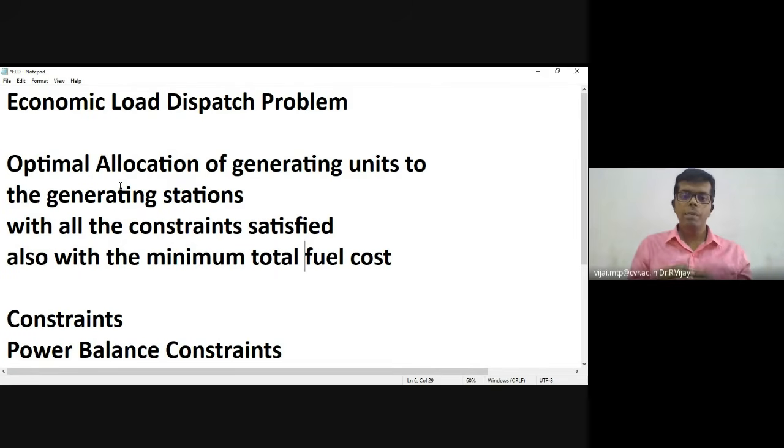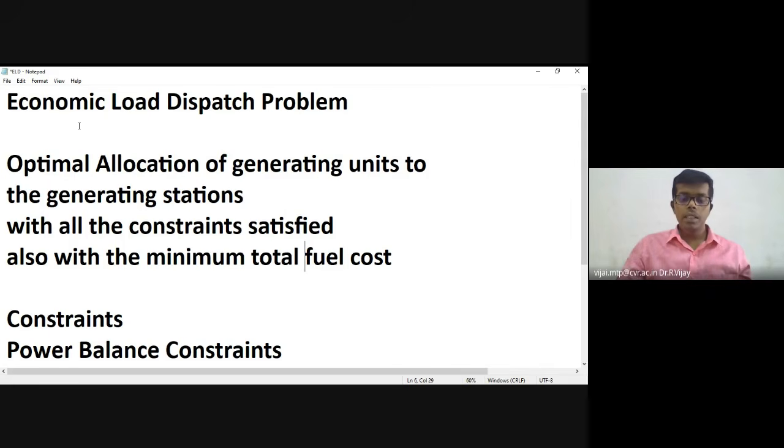Based on the requirement, we'll choose the 15 rupees generator, and based on further requirement, the 20 rupees generator. But the first priority is given to the least cost generator. Then only the whole cost incurred for all the generation and allocation will be reduced.